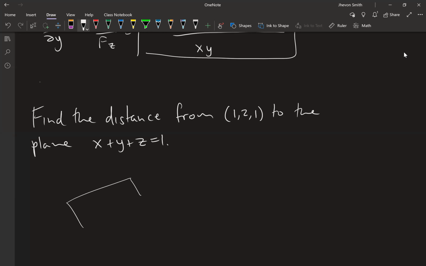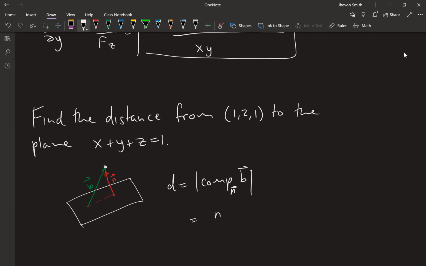So yes, it is a scalar projection, but from what to what? Of a vector from the point to the plane and the normal to the plane. Yeah, so that's how we did it. We had a plane, and here's the point. You created a vector, called it B, and then there's the normal vector to the plane, N. You want to project the magnitude of B onto N, and that's going to give you this distance. So the distance here is going to be the scalar projection of B onto N. Remember, the scalar projection is in terms of dot products, not cross products.